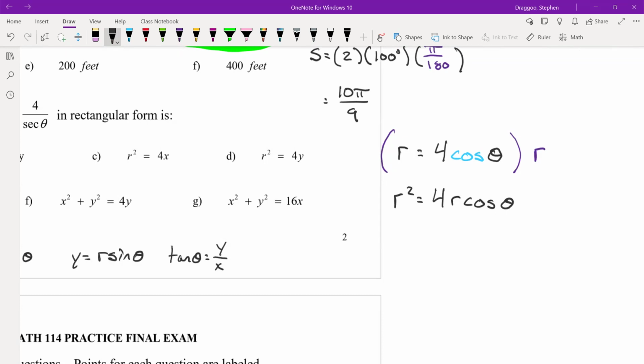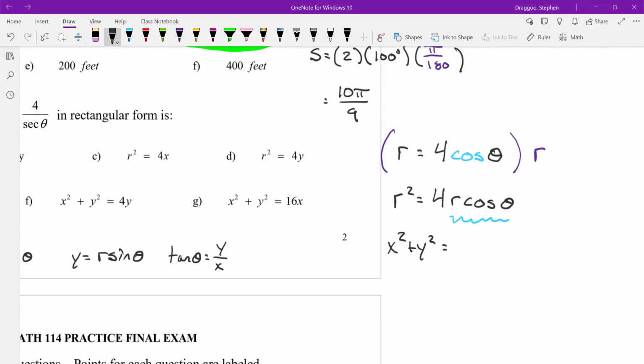And then I have a much nicer substitution for both r squared and r cosine theta. Okay, so on the left, I have r squared, which is x squared plus y squared.